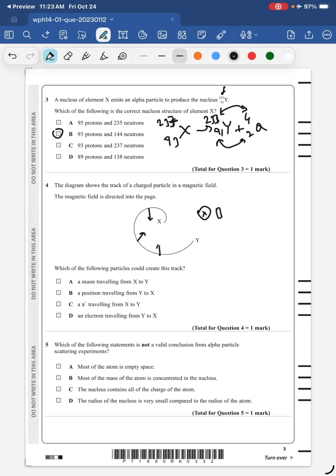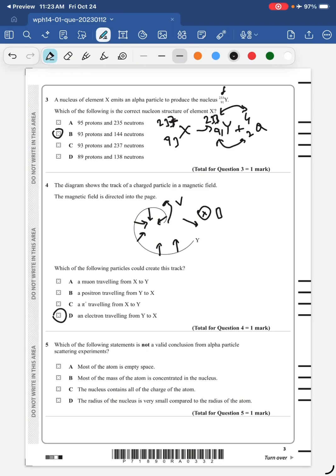So the force is like that for the electron. So it has to be traveling this way, okay? Because if you put your index in the direction of B and your thumb in the opposite direction to the velocity, so your thumb should point in this way. Therefore, the force experienced is inwards, okay?